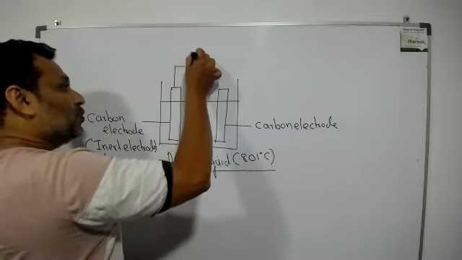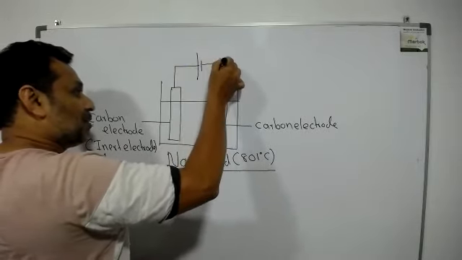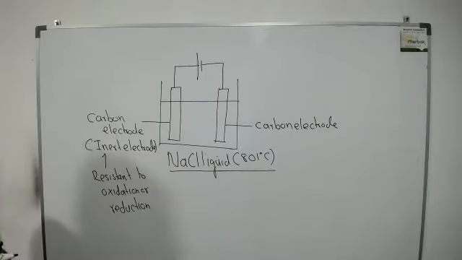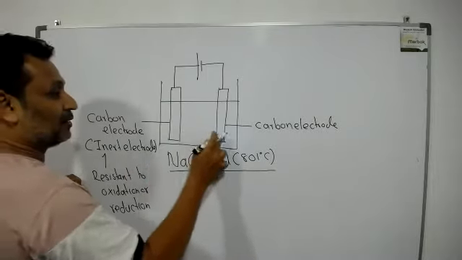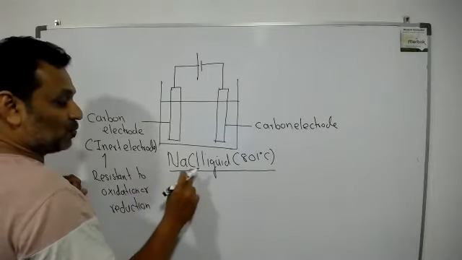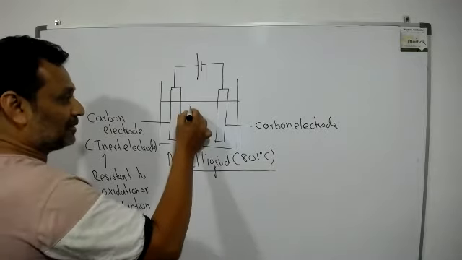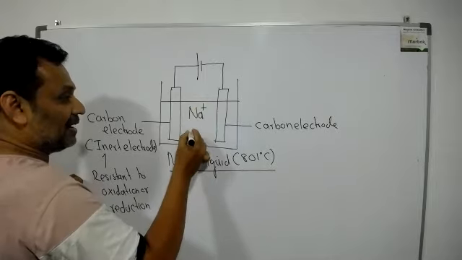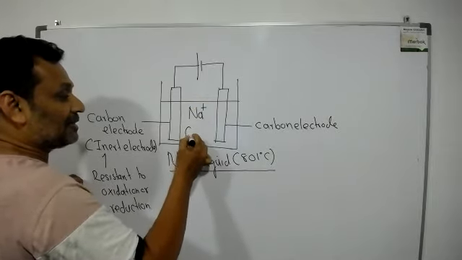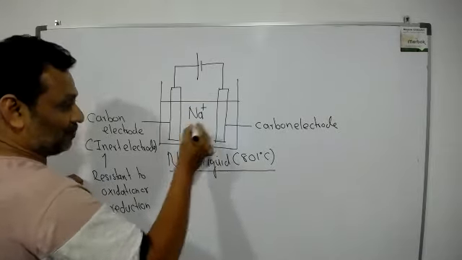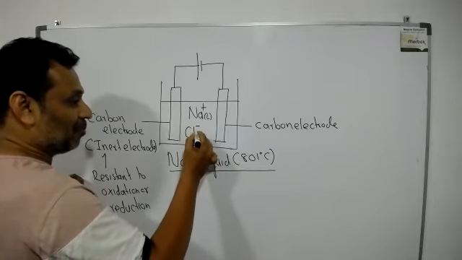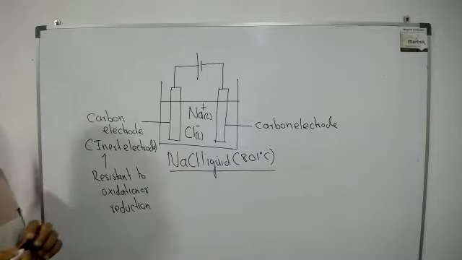Here we are connecting the positive end of the battery and negative end of the battery to the electrodes. As this is sodium chloride liquid, in this environment, there is Na plus ion and Cl minus ion. Both the ones are in the liquid.